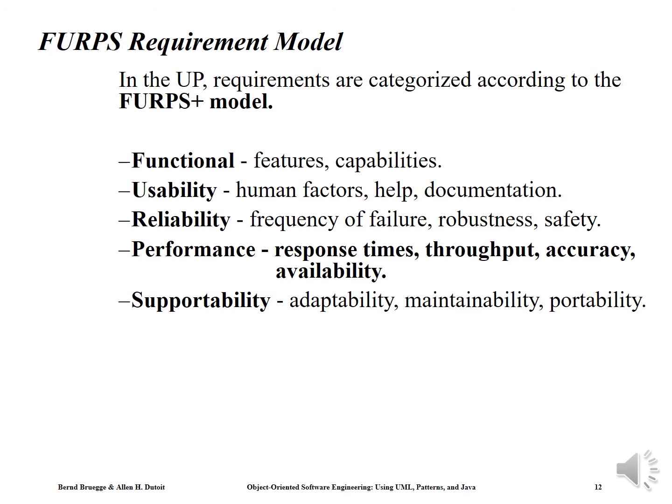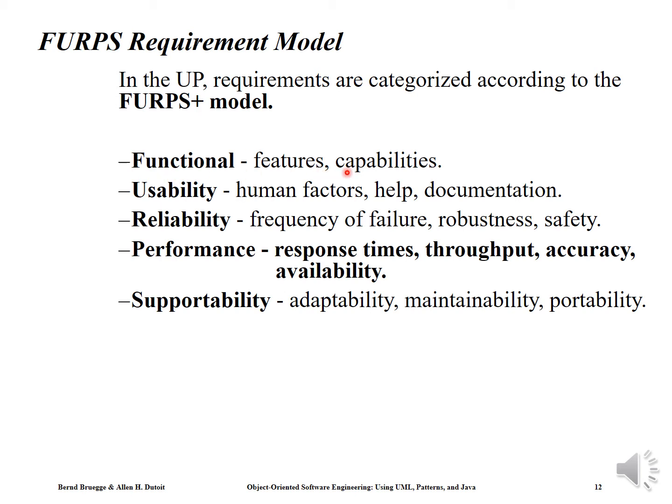FURPS+ requirement model. In the unified process, requirements are categorized according to the FURPS+ model. F indicates functional, U indicates usability, R reliability, P performance, and S supportability. And the plus indicates additional categories of requirements.